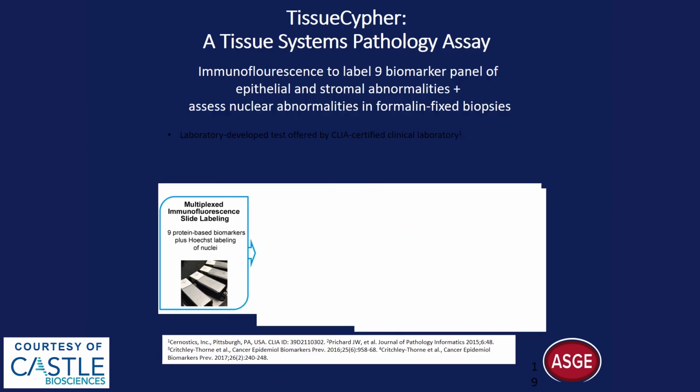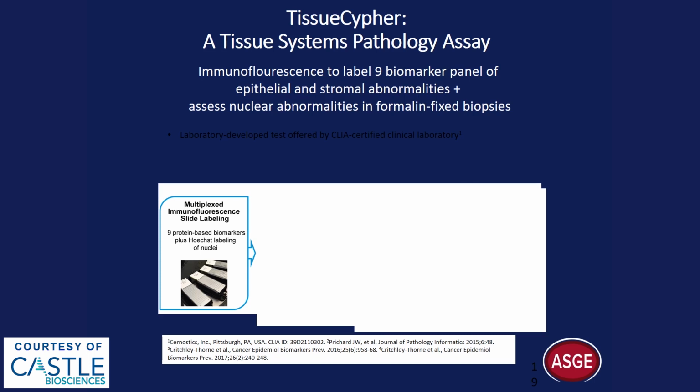A commercially available pathology assay called TissueCypher uses immunofluorescence to label 9 biomarkers which are associated with epithelial and stromal changes, as well as nuclear abnormalities in formalin-fixed biopsies.